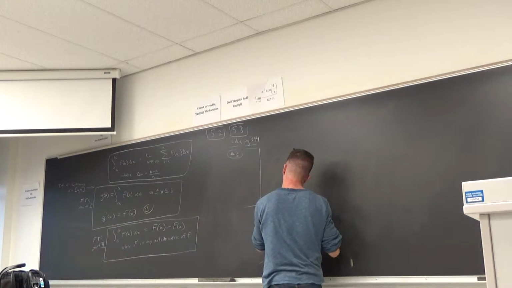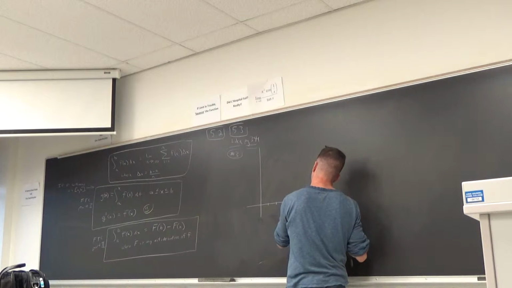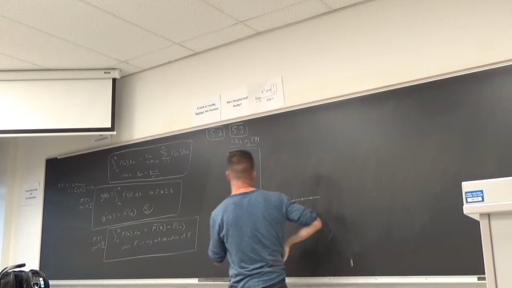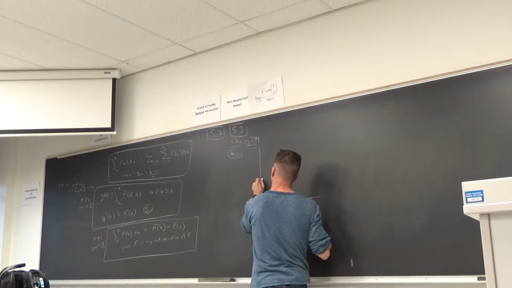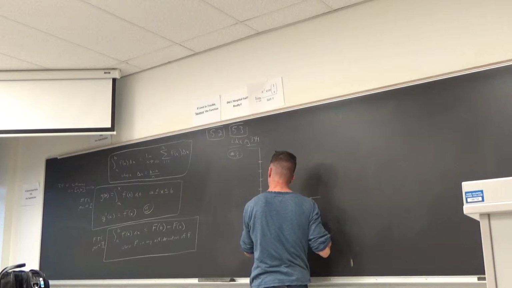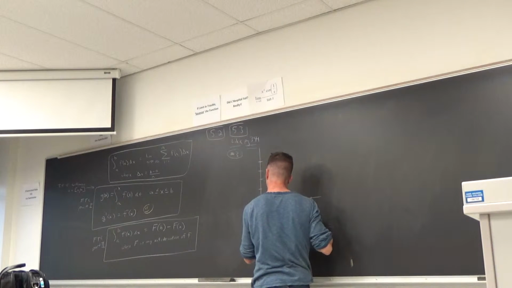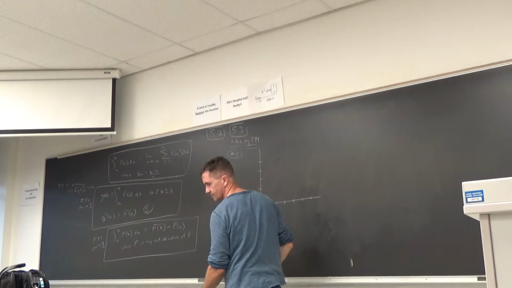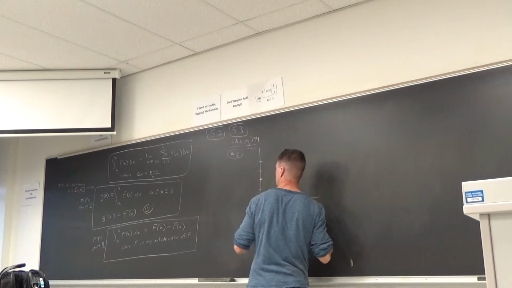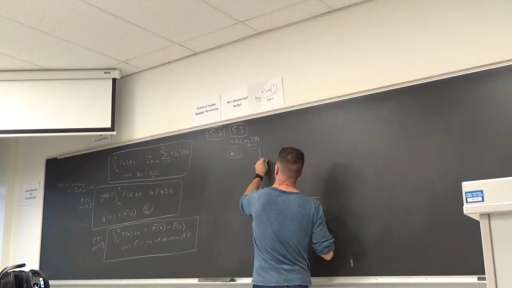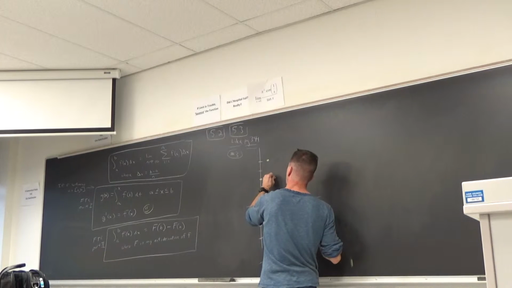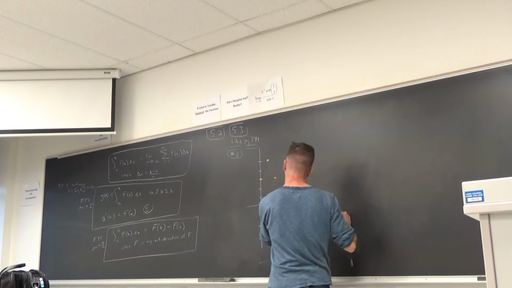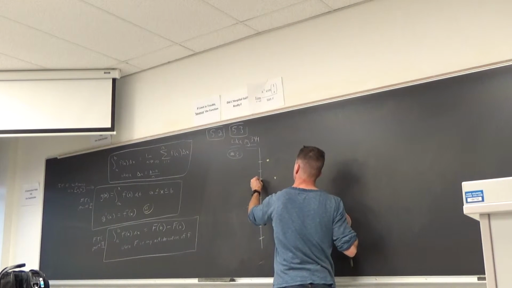1, 2, 3, 4, 5, 6. I'm going to go up to 5: 1, 2, 3, 4, 5. I'm going to have this graph start here at 3. At 1, it's going to get to 5. At 2, it's going to get back to 3. At 4, it gets to 0. This graph's going to go like this.